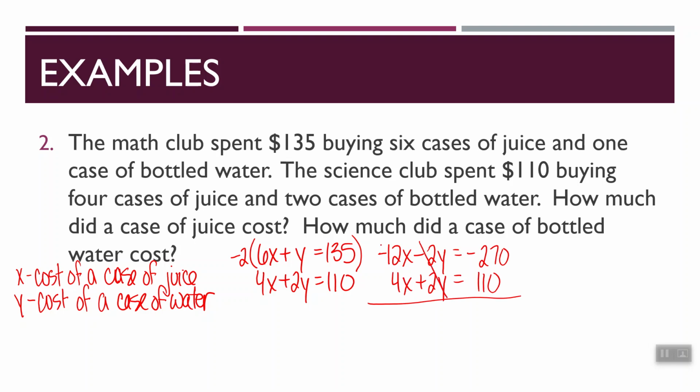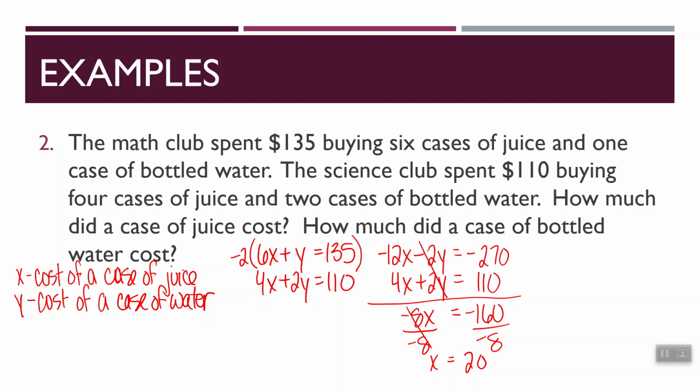So -12x plus 4x is -8x. -270 plus 110 is -160. And dividing both sides by -8, we get that x equals 20.